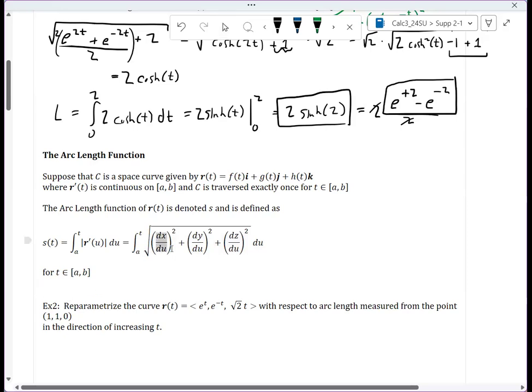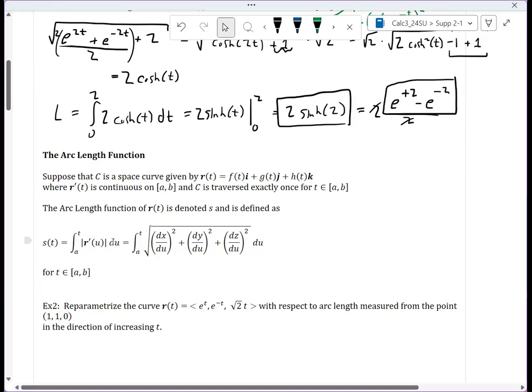Here we're using a dummy variable u because the variable t is the input into the arc length function. So what is this really saying?